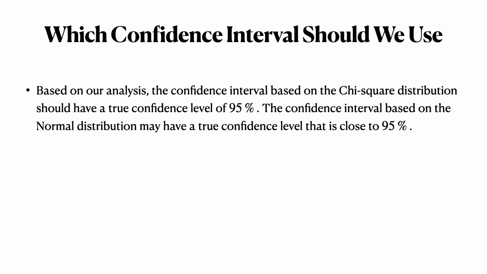So which confidence interval should we use? Based on our analysis, the confidence interval based on the chi-square distribution should have a true confidence level of 95%. The confidence interval based on the normal distribution may have a true confidence level that is close to 95%.